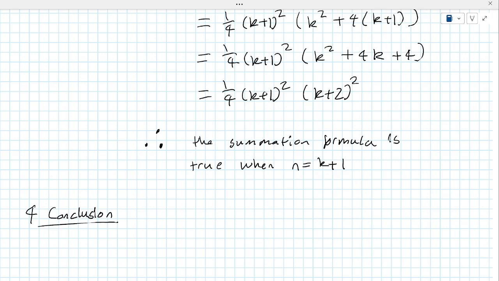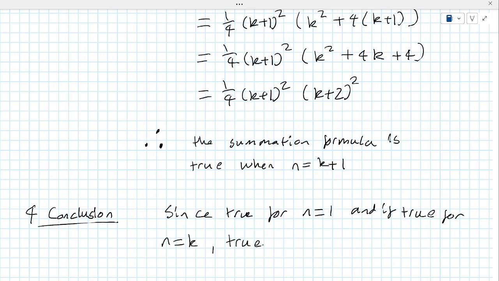Finally, the fourth step, the conclusion step, you just have to put: since true for n equals 1, and if true for n equals k, true for n equals k plus 1, therefore true for all n.